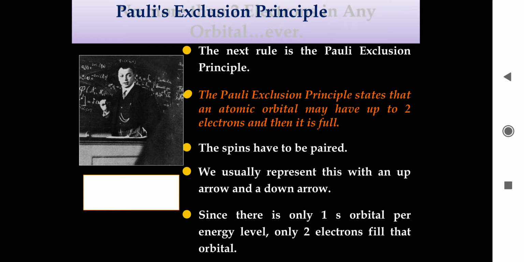In another way, it says that an atomic orbital may have up to 2 electrons and then it is full. That means the spins have to be paired. We usually represent this with an up arrow and a down arrow. Since there is one s orbital per energy level, only 2 electrons fill that orbital.